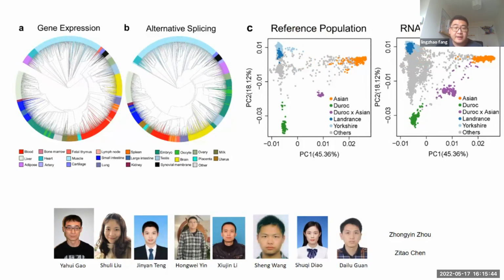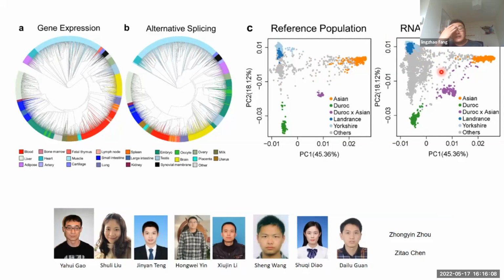In general, you can see these two populations have a similar population structure. That's also good evidence that we can probably do a good enough imputation by using this reference panel to impute these target RNA-seq populations.